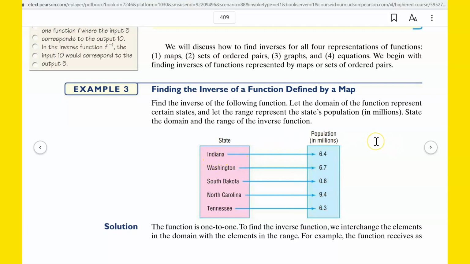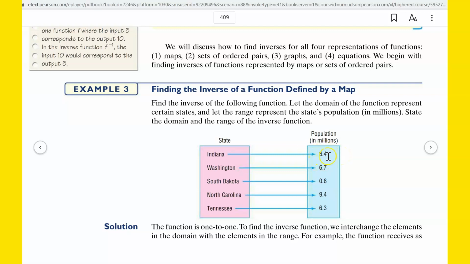In fact, it's kind of like asking the inverse of a question. For the original map here, it'd be like asking the question, what is the population of the state of Indiana? So Indiana would be the input of that question, and the answer or the output of that question is 6.4 million. But we could invert that question the other way and say, what state has a population of 6.4 million?